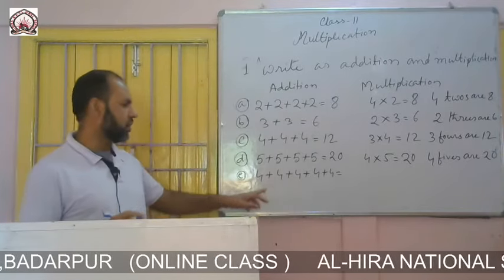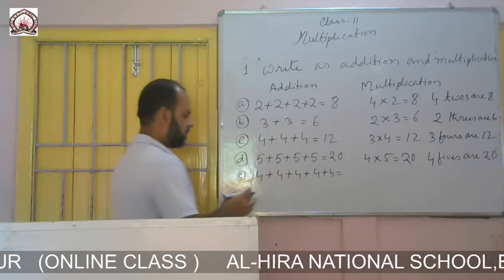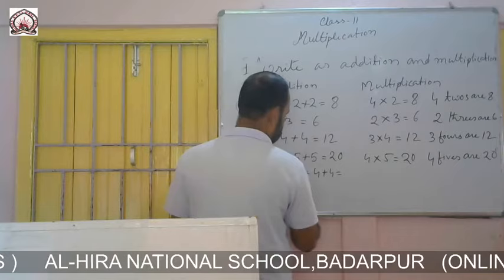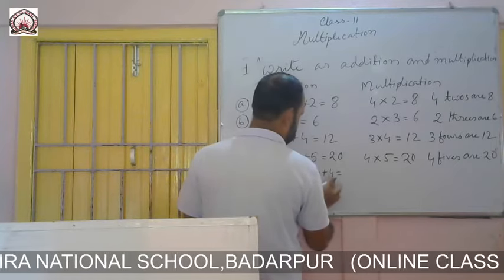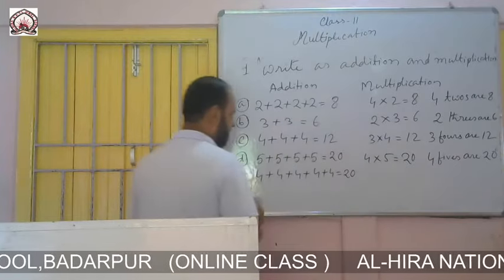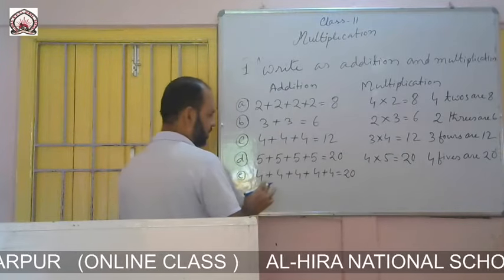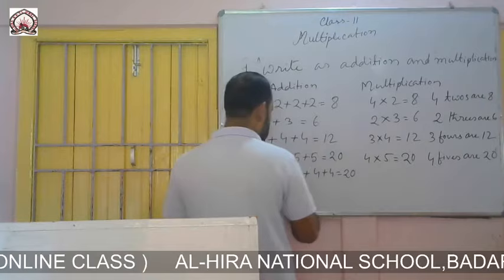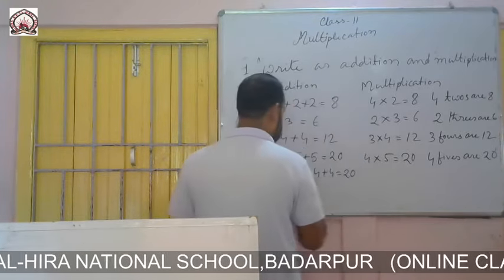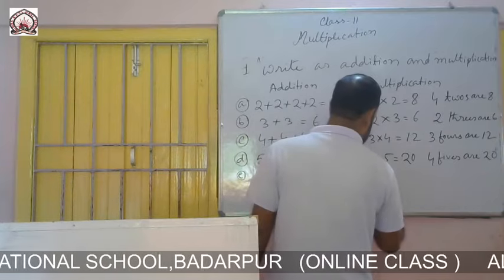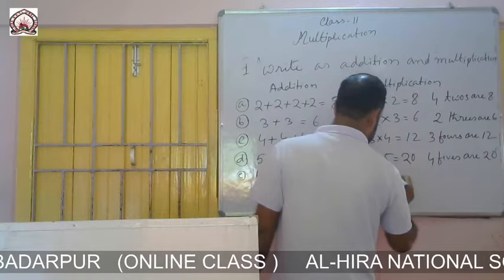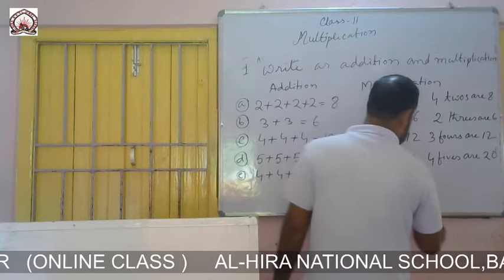So 4 plus 4 is 8, 8 plus 4 is 12, 12 plus 4 is 16, 16 plus 4 is 20. So here 4, 5 times. 5 times 4 equal to 20.